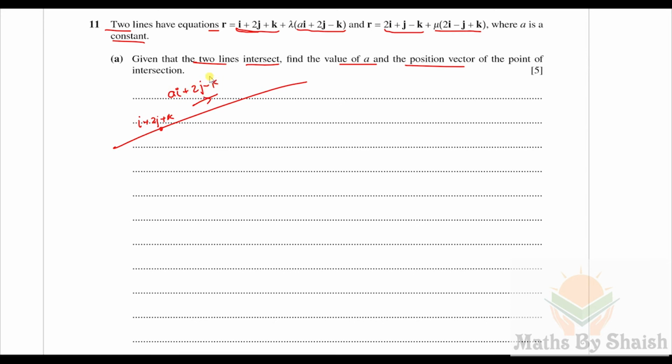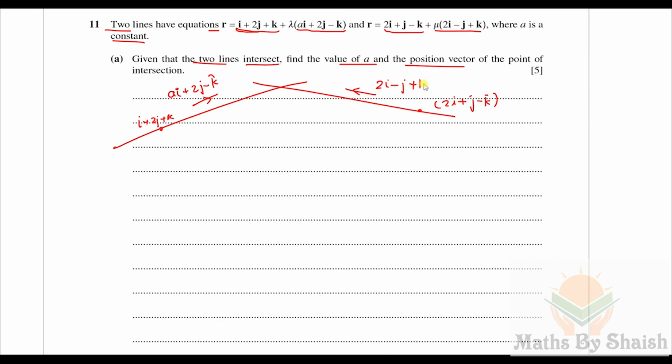For the other one, the point is 2i cap plus j cap minus k cap, and the direction vector is 2i cap minus j cap plus k cap.